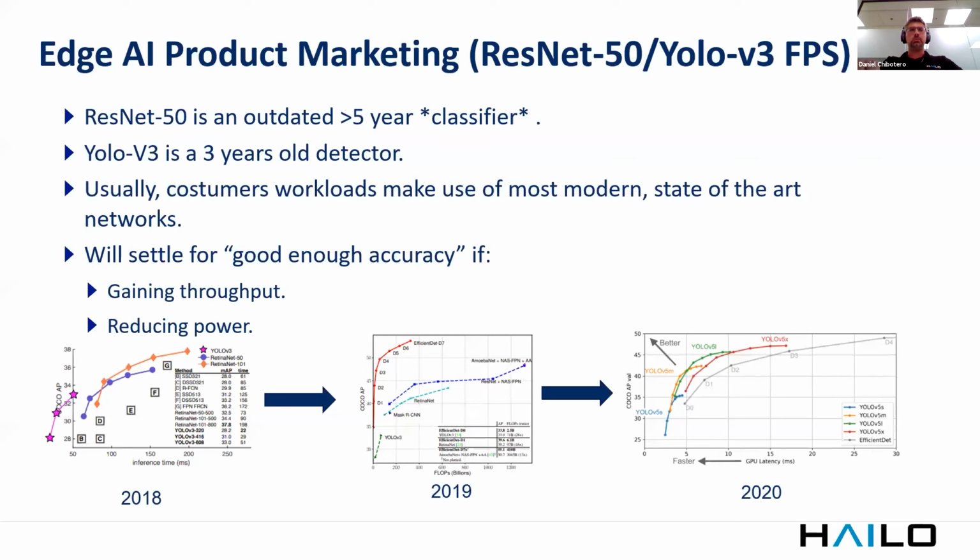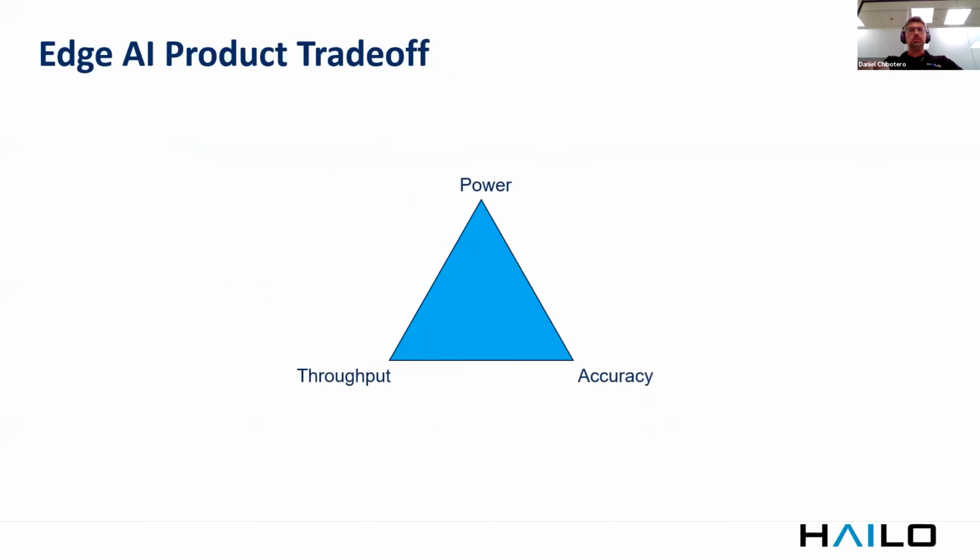Usually customers make use of the most modern state-of-the-art networks, download the Git repository and start playing with it. They would like the best achievable accuracy for edge, but they may settle for good enough accuracy if they gain throughput or reduce the power consumption. So in our view, the Edge AI product is a triangle of trade-offs.